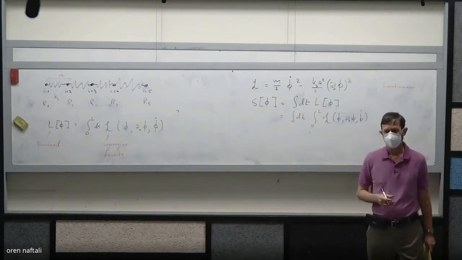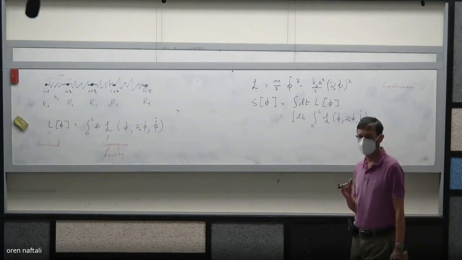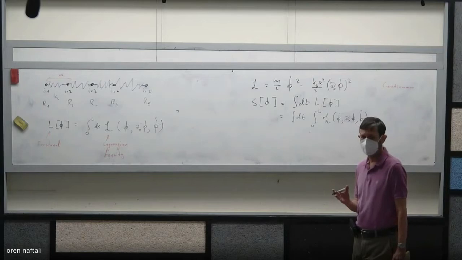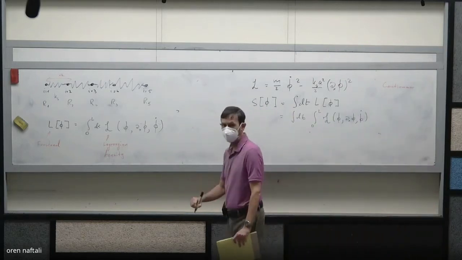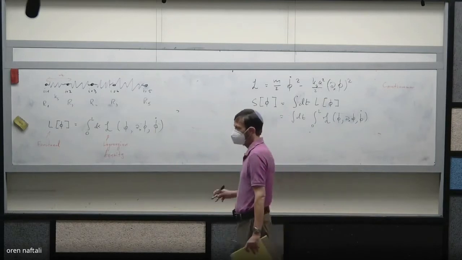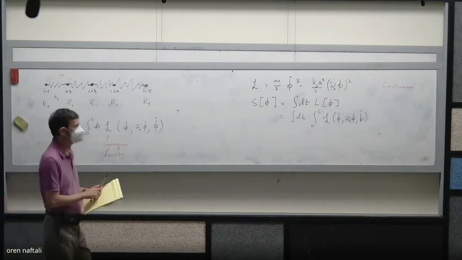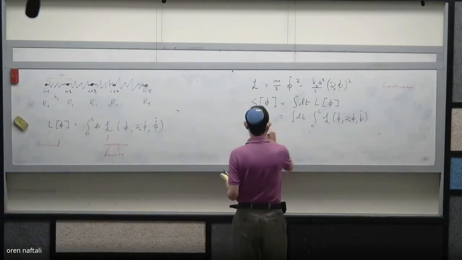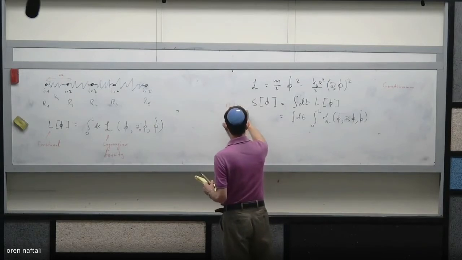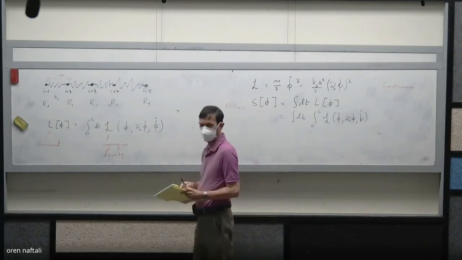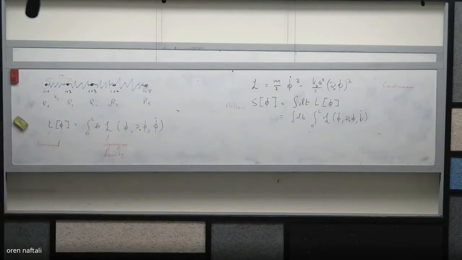And the most basic notion of classical mechanics tells me that this quantity, which is known as action, should be extremum.